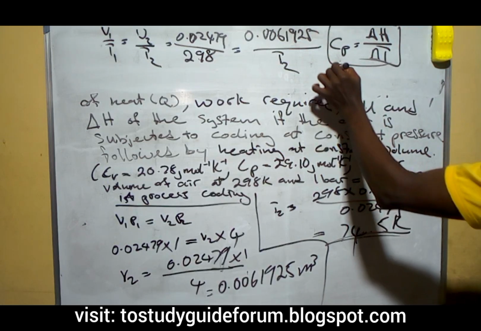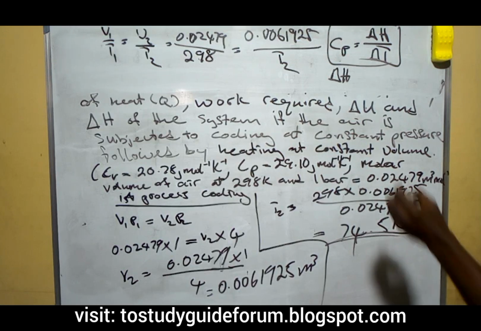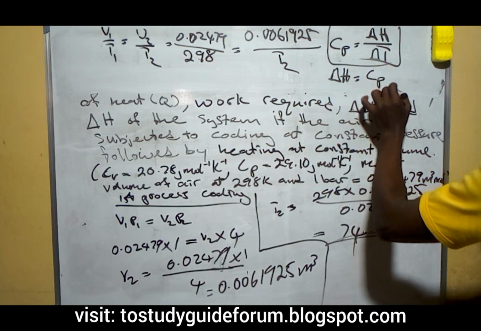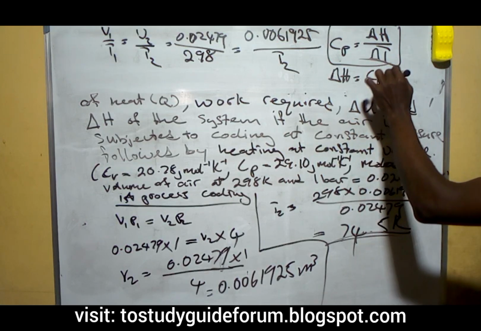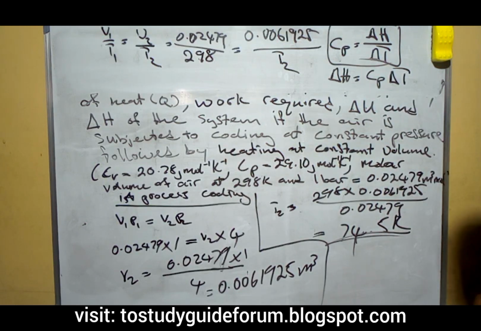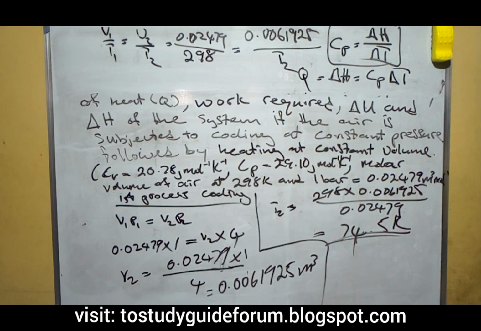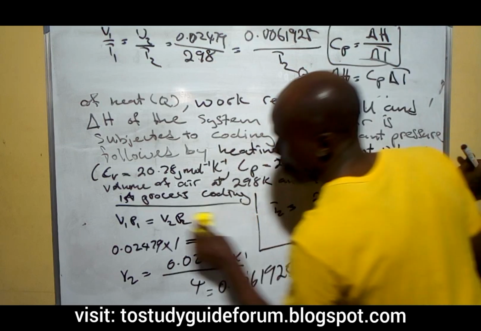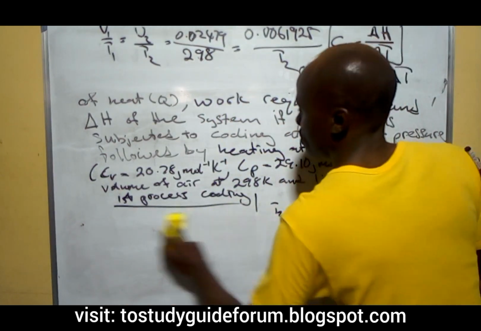So using this, that means enthalpy in this first process is equal to specific heat capacity at constant pressure multiplied by change in temperature, which is also equal to the quantity of heat. So with this at stake, having this information, the next thing we'll do is to go into work and clean this thing. Okay.